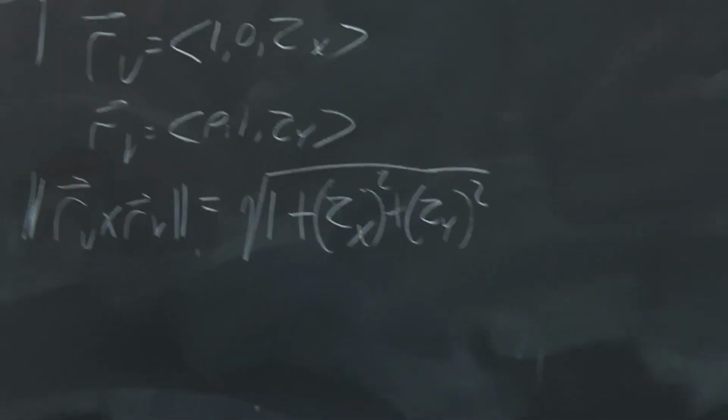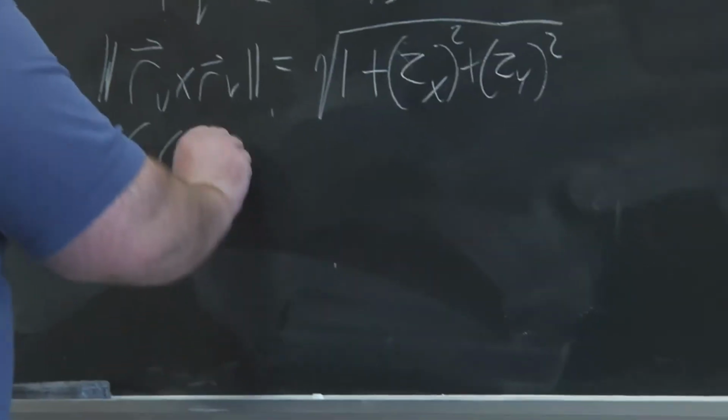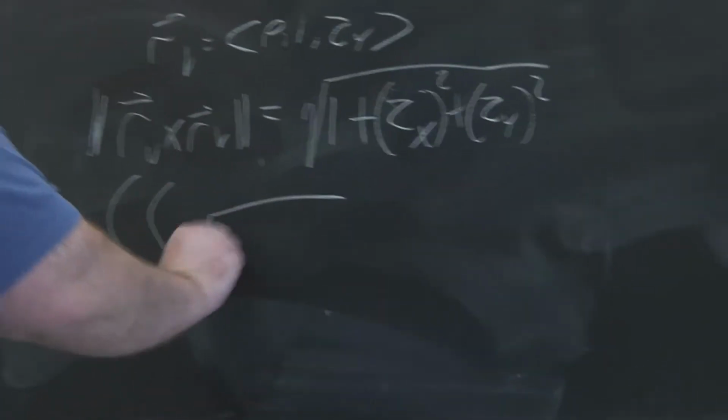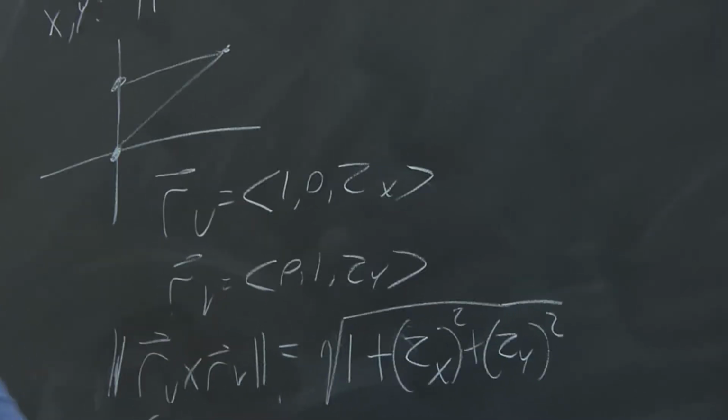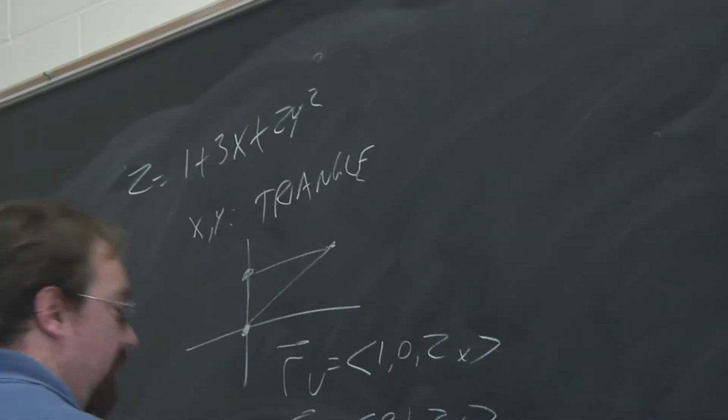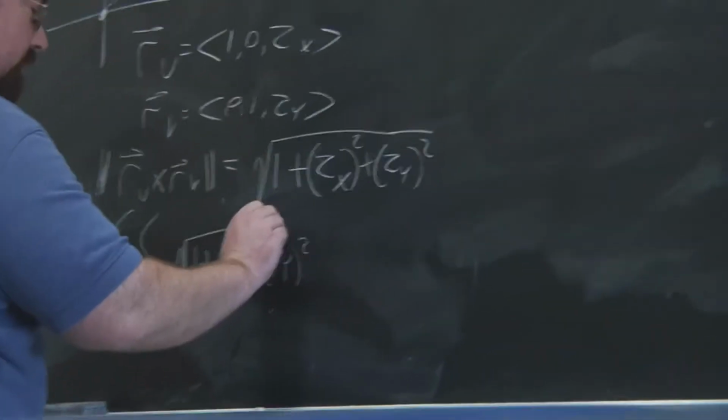So now for the area, you're going to integrate over the triangle, which we'll get to in a second, this function: 1 plus dz/dx, which is 3, squared, plus dz/dy, which is 4y, squared, 12.